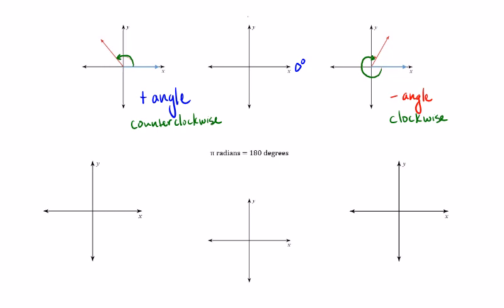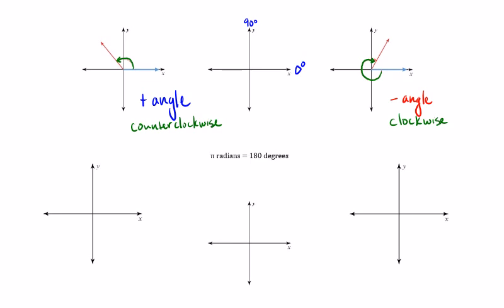And so this is 90 degrees. Okay. And if we go another 90 degrees to get to the negative x-axis, this is going to be 180. Okay. If we go another 90 degrees, that's going to be 270. And then if we go another 90, when we get back to 0, that's also 360, right? And we know that 360 is a full rotation. So that gets us back to 0.